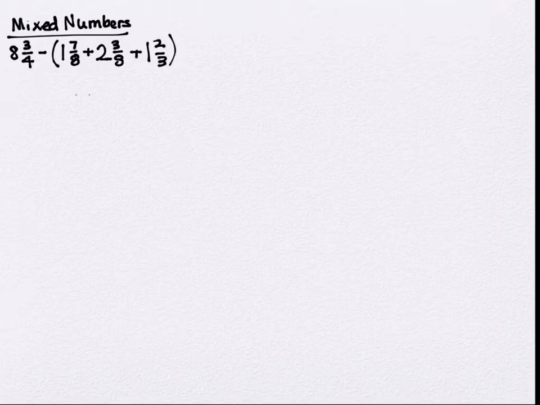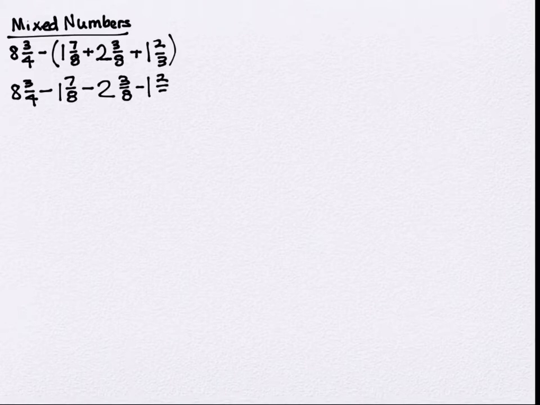All right, so first things first, we're going to get all the whole number pieces together. And I didn't do it this way on the other one, but when we're attempting to get them all together, I feel like we might as well go ahead and just distribute that negative through so that I can actually group all the whole number pieces in one place and all the fractional pieces. Are you guys okay with that? So I'm going to rewrite this now as 8 and 3/4 minus 1 and 7/8 minus 2 and 3/8 minus 1 and 2/3.